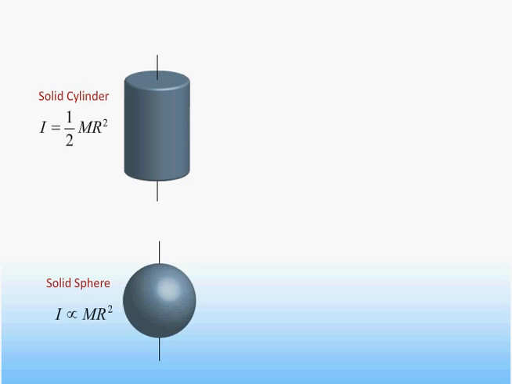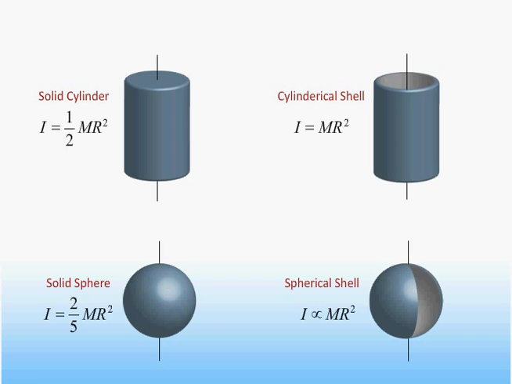We expect the constant of proportionality for the sphere to be smaller than that for the cylinder, since more of its mass is concentrated near the axis. When we do the calculation, we see that this constant for the sphere is 2/5, which is indeed smaller than the factor of 1/2 we have calculated for the solid cylinder. Similarly, we expect that the constant for a spherical shell is smaller than that for a cylindrical shell.